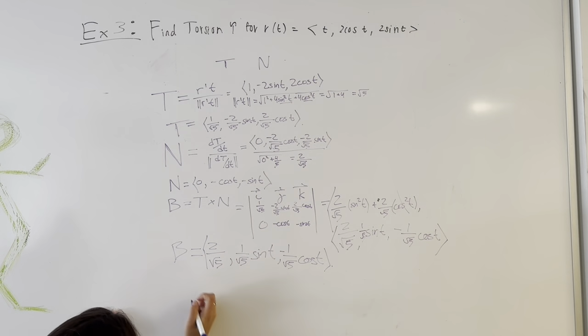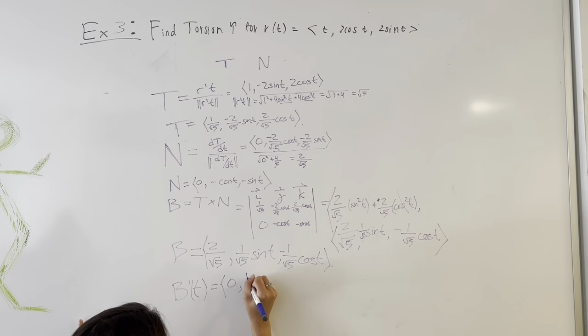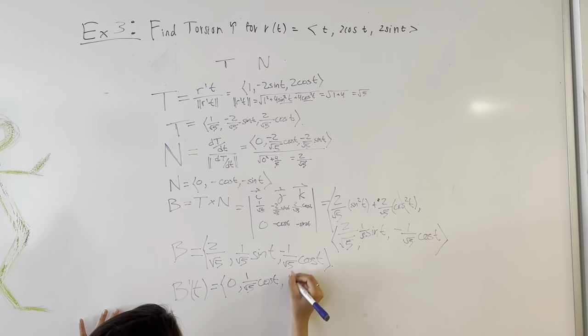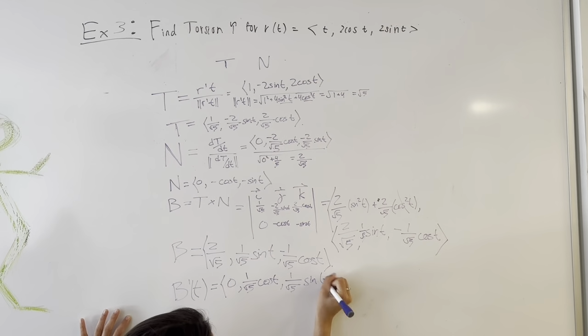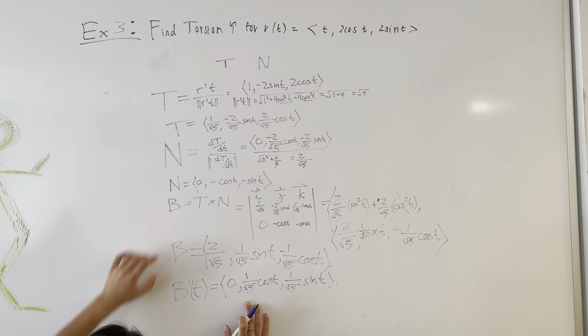To dot dB over ds with N, first I'm going to find B prime of t. That's going to be 0, 1 over square root of 5 cosine t, 1 over square root of 5 sine t. Let me dot this vector with N.